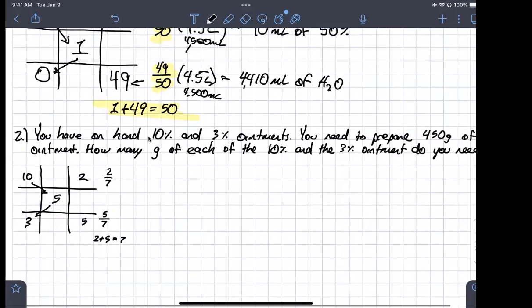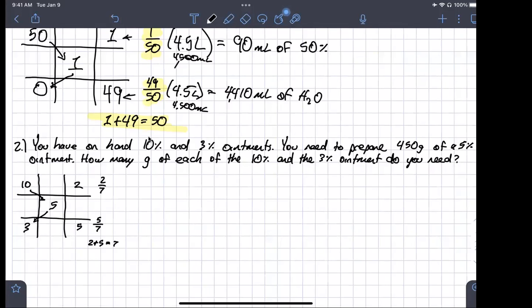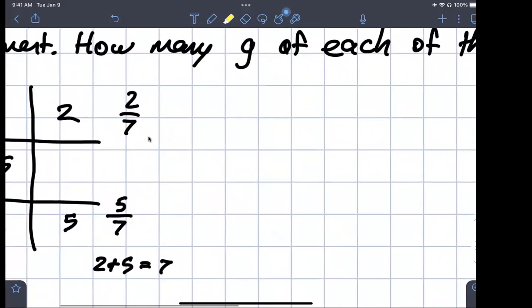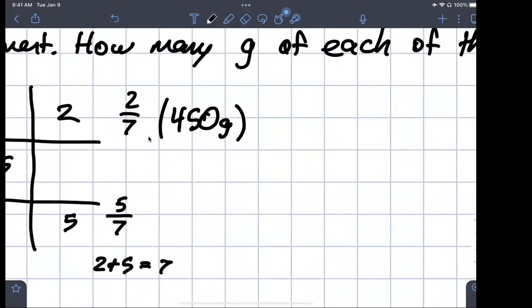Okay, well, how much are we needing to make? Well, it's right here. So 450 grams. So you will do that times 450 grams.